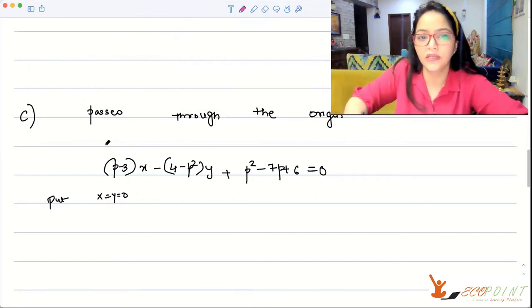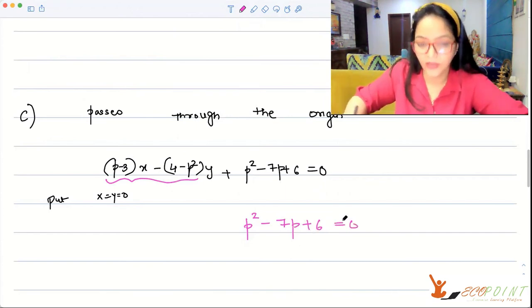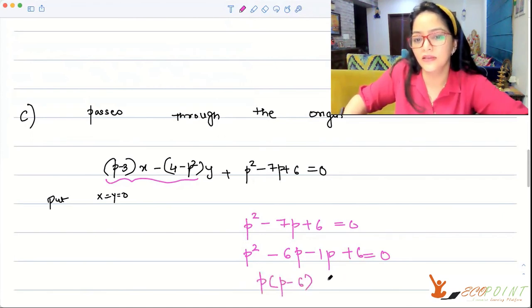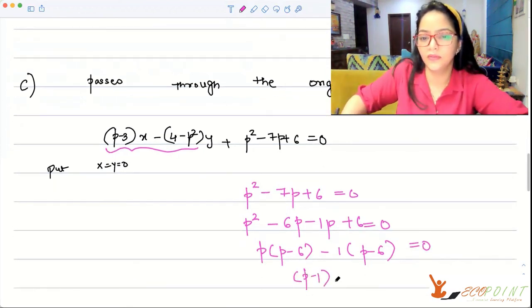So what will you get? This entire thing will become 0. And what you will be left with is P square minus 7P plus 6 equals 0. So I can factorize. This will give me minus 6P minus 1P plus 6 equals 0. That means I have P into (P minus 6) minus 1 into (P minus 6) equals 0, so (P minus 1) into (P minus 6) equals 0.